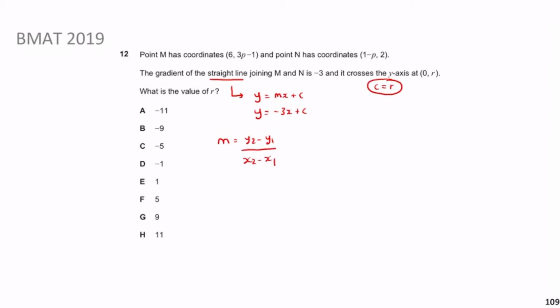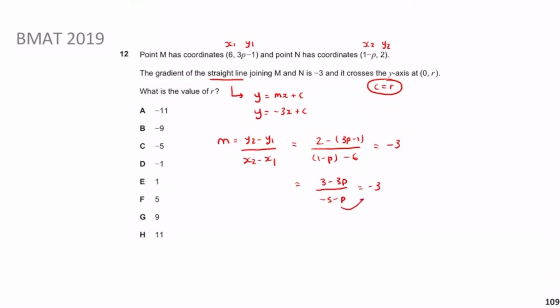If I call this x1, y1, and this x2, y2, then this is going to be y2, which is 2, minus y1, which is 3p minus 1, over x2, which is 1 minus p, minus x1, which is 6. And this should be equal to the gradient, which is minus 3. Then we're going to do 3 minus, so you have to be careful, 3 minus minus is going to be plus 3, minus the 3p, over 1 minus 6, which is minus 5, minus p, and that's going to be minus 3.